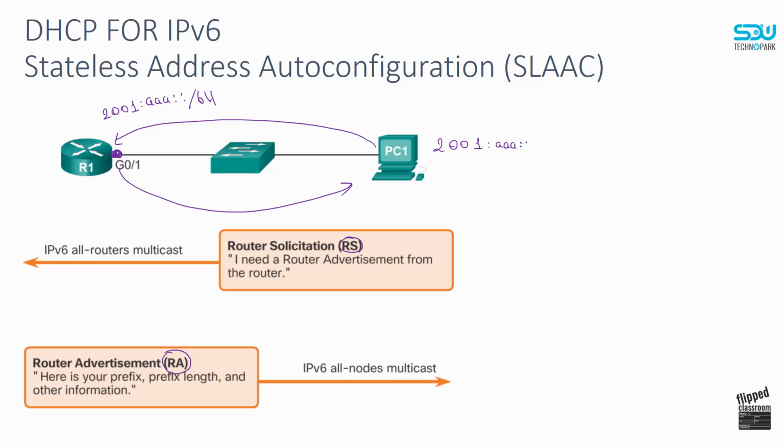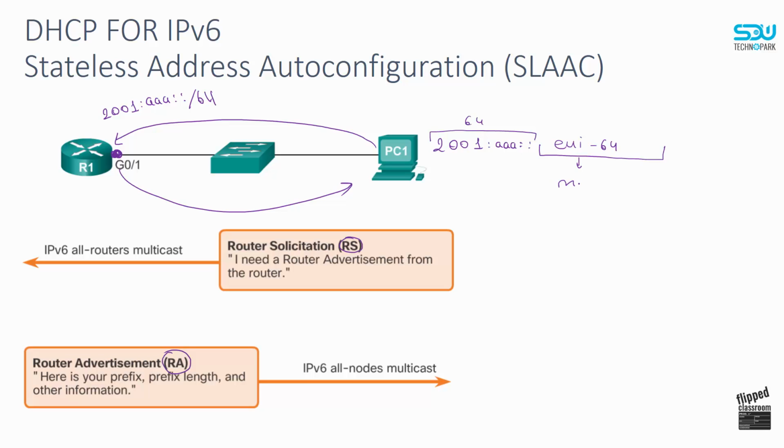but at the end, we have here 64 bits, and the end 64 bits you can use with your MAC address, or as you remember, EUI-64. So it is generation of the IP address according to the MAC address.